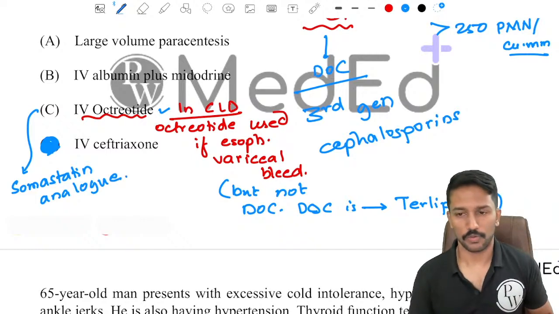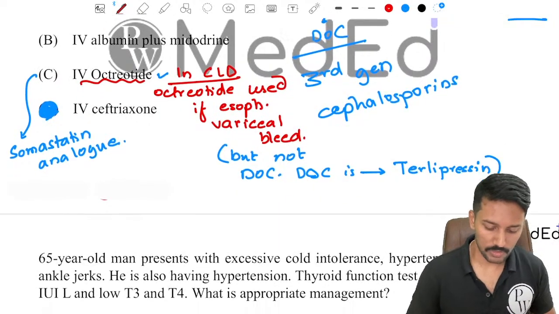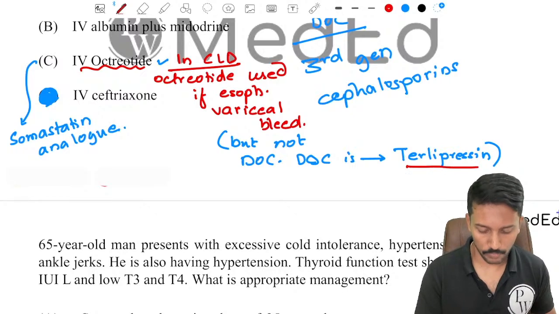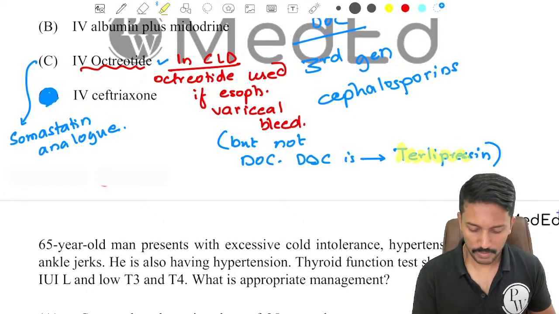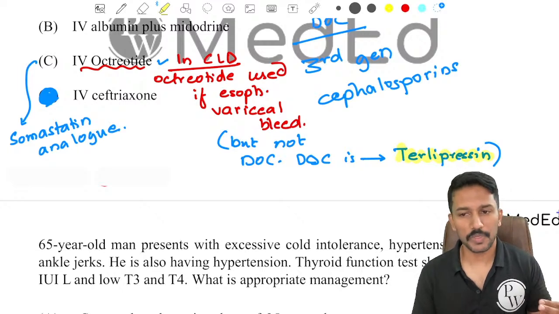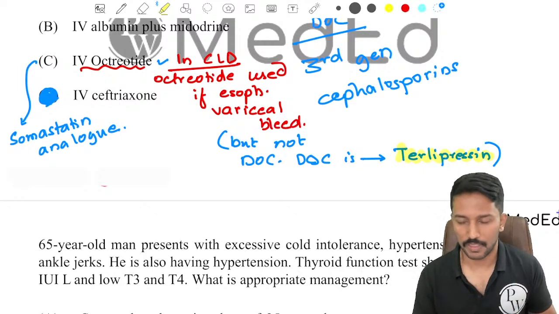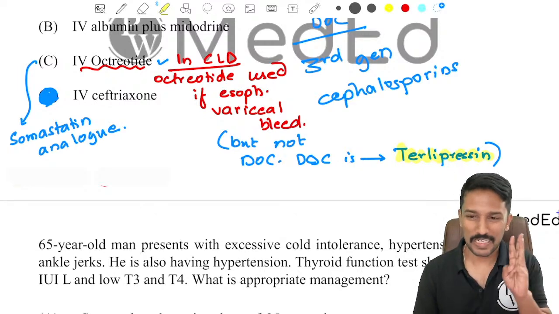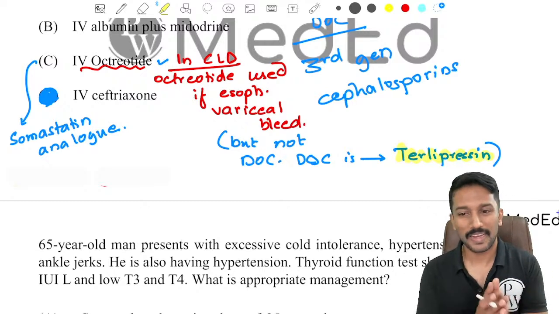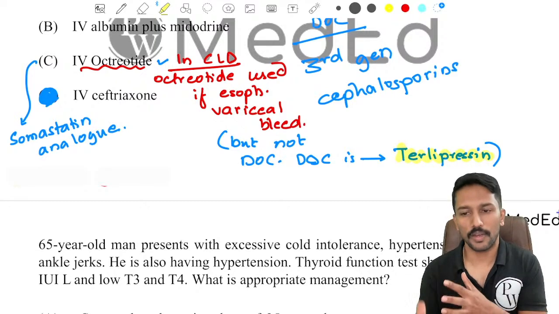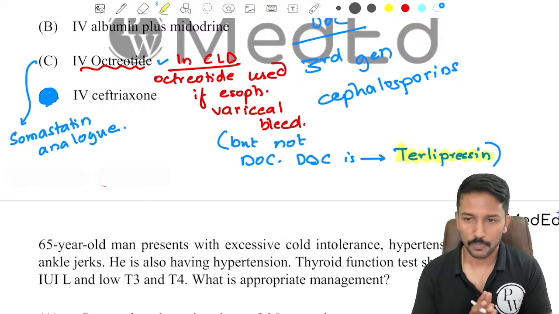Why are we using terlipressin in case of esophageal variceal bleed? What is terlipressin? Terlipressin is a vasopressin derivative, right? Vasopressin does three important functions. First, the most important function is that it acts on the kidney to regulate the water level, and indirectly it regulates the osmolality.